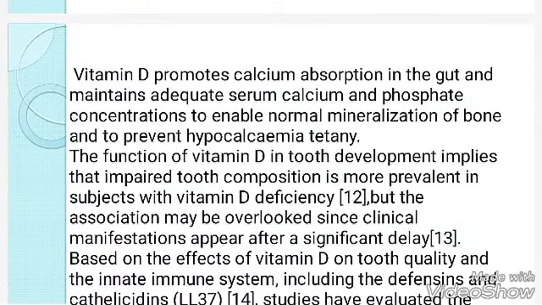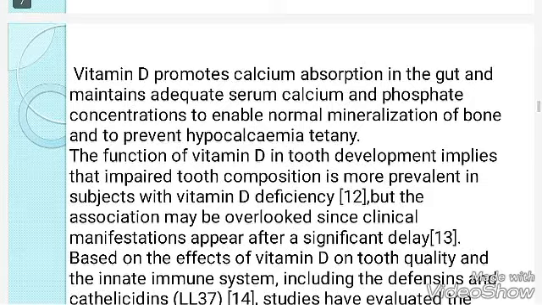Vitamin D promotes calcium absorption in the gut and maintains adequate serum calcium and phosphate concentration to enable normal mineralization of bone and to prevent hypocalcemic tetany.